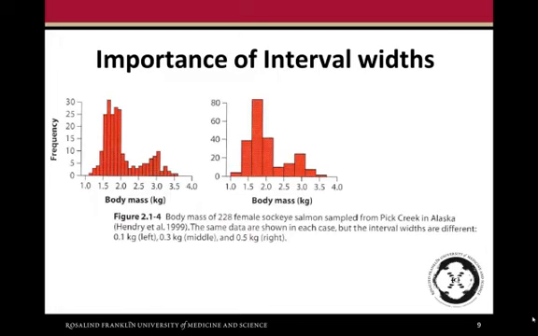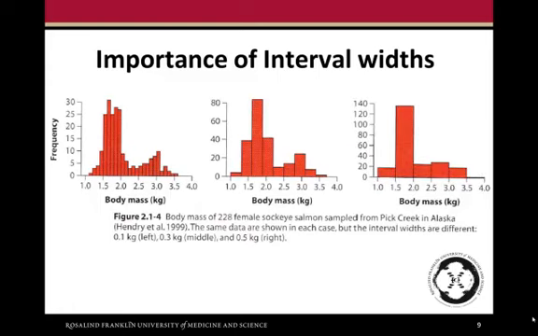And then when we increase that interval again, the data now looks like it's very positive or right skewed and no longer looks bimodal. The other two also look like they have some positive skew going on as well.